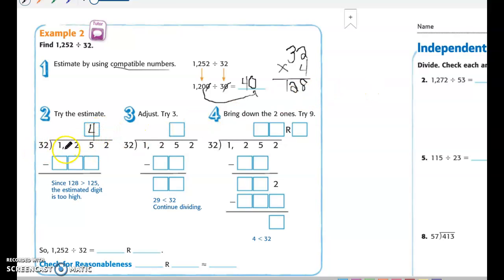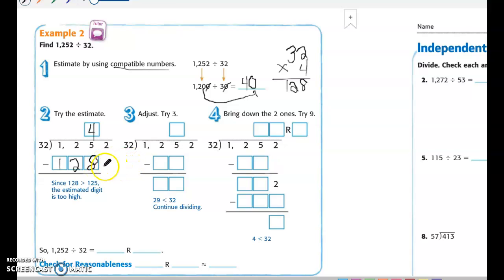So we know that 32 can't go into 1. It can't go into 12. And it can possibly go into this number. So let's try it. Would this number work, or what do you see wrong with it? I have 125 minus 128.